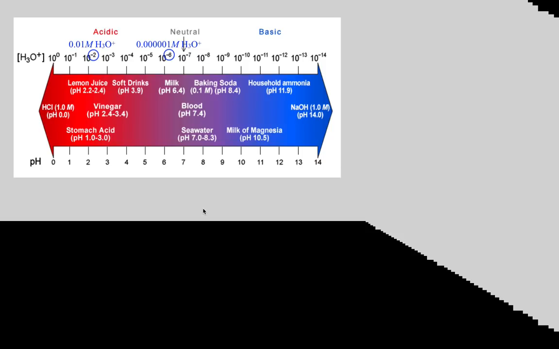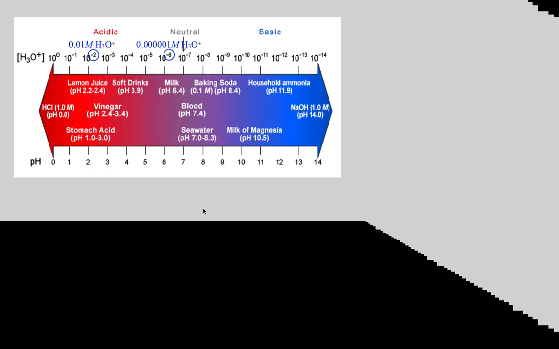And that's why the higher the pH, the lower the acidity, because these are negative exponents. If we're at pH 2, this is 10 to the negative second, which is 0.01. If we're at pH 6, that's 10 to the negative 6, which is 0.00001. So as the pHs get bigger, the concentrations get smaller because they're negative exponents.